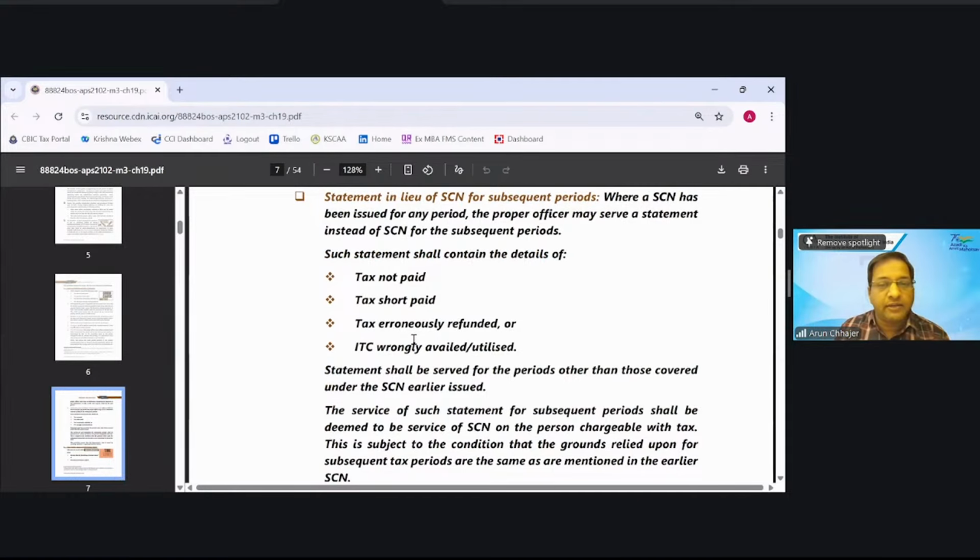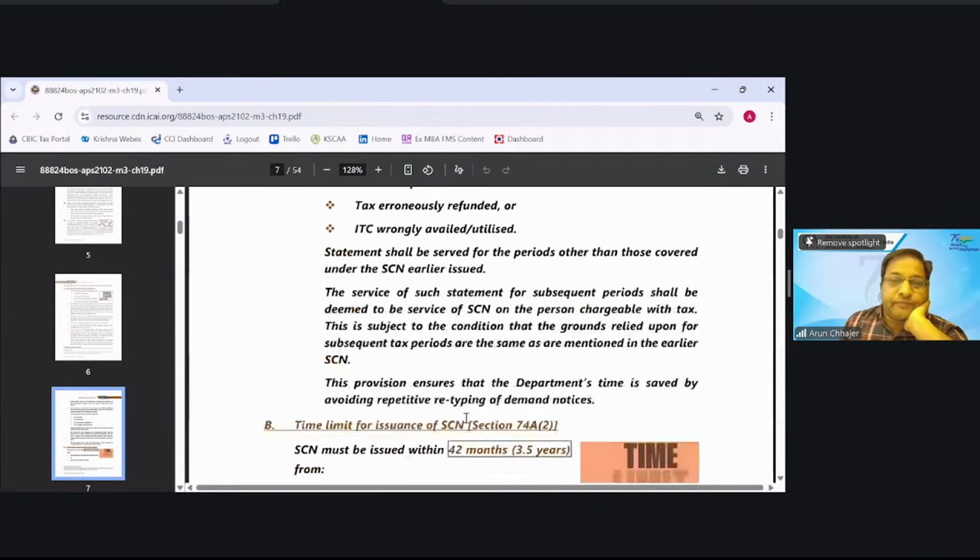Obviously, the statement given will be tax not paid, short paid, erroneously refunded, wrongly availed, or utilized. A statement will be given only when the period is different. But if the matter is different, grounds are different, then they have to mandatorily issue the show-cause notice.